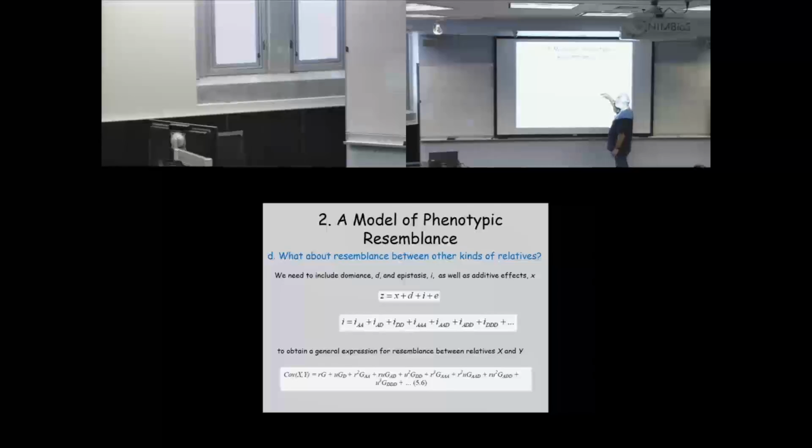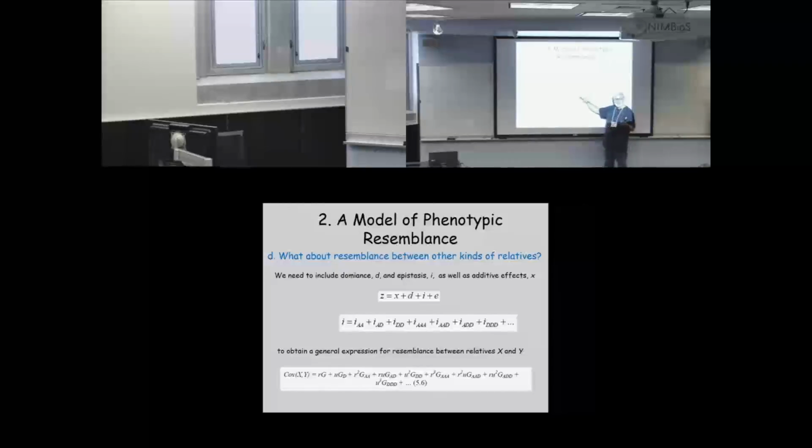If you break out all the possible epistatic contributions, you can have contributions from the interaction between additive effects at pairs of loci, which we add up across all pairs. Then there might be epistatic interactions between additive and dominant effects at different loci, and we add all those up.